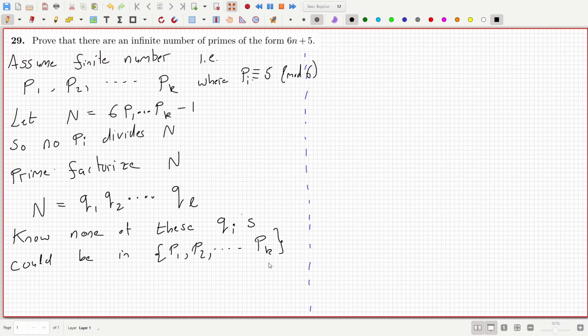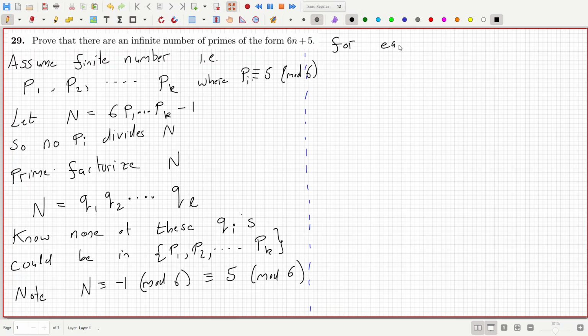So let's have a look at a little bit more of the nature of these q's. Firstly, note that n is congruent to minus 1 mod 6, which is 5 mod 6. Okay, so we're just looking at mod 6 for the moment.